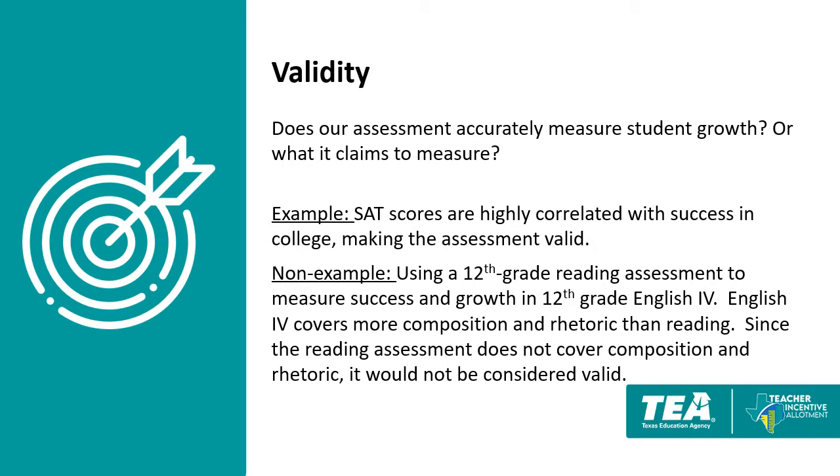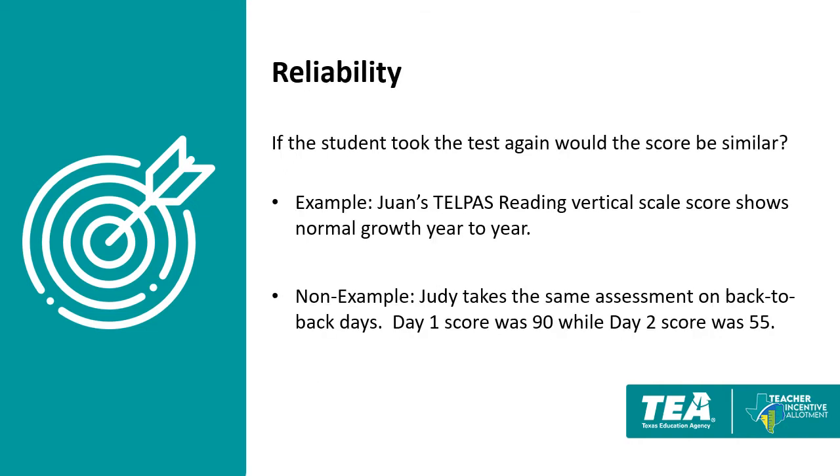An invalid example would be a 12th grade reading assessment in a 12th grade English 4 class. While there may be some crossover to the content covered, it would be invalid since the reading assessment does not cover composition and rhetoric. When designing a test, validity is key to building trust in your assessment system, ensuring accurate data is collected, and creating an environment where students are poised to succeed.